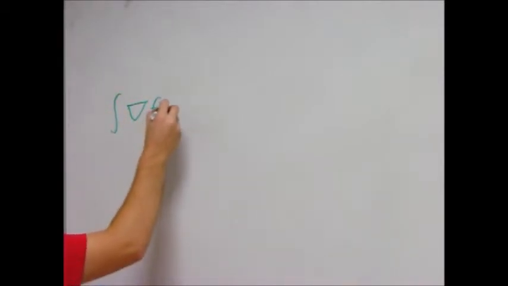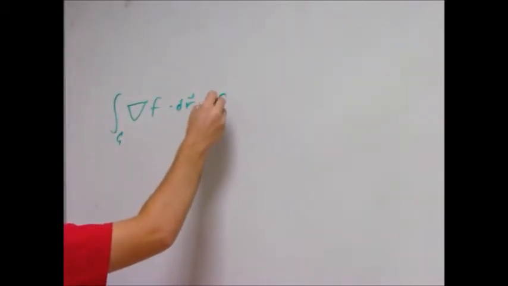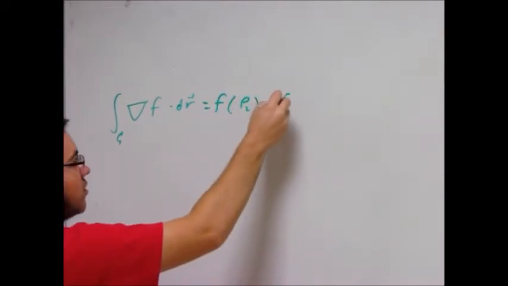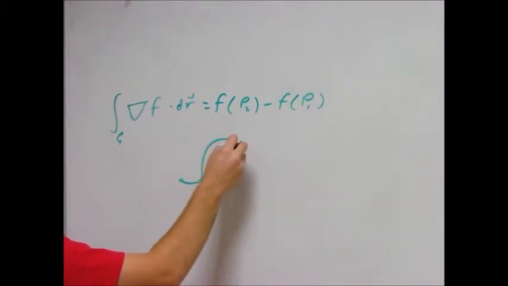And I said those were gradient fields. So if you have a gradient, then all that matters is the function f of your point 2 minus your point 1, your starting and end points of your curve.